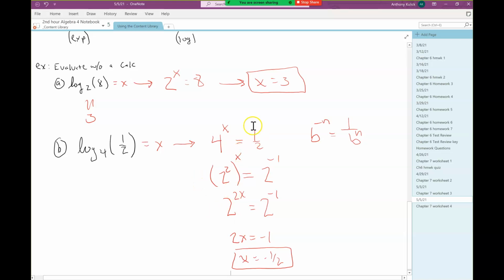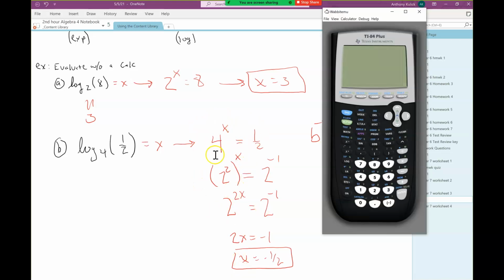And if we wanted to, we could check that, right? 4 to the negative 1/2 is 1/2, which is what we're looking for. Everybody okay there? So that's kind of a worst case scenario. You have a situation like that.